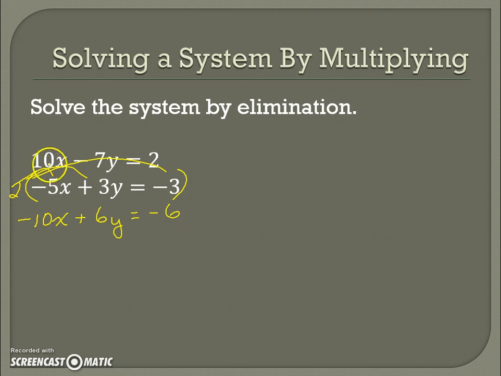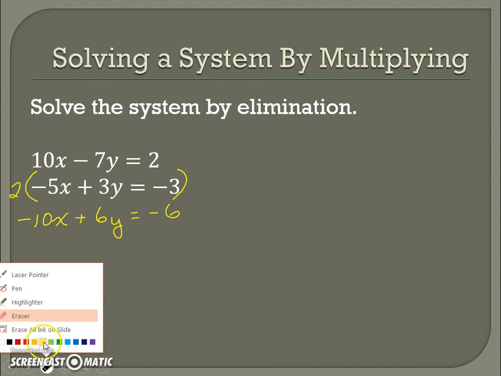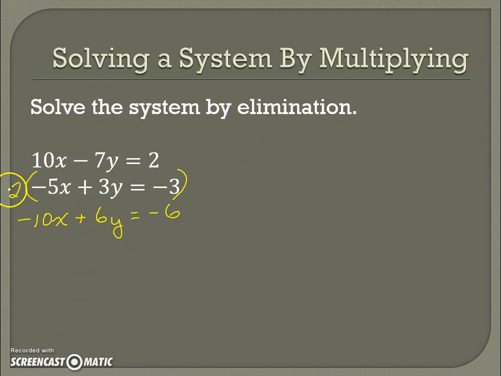All right, so now if I add this and this, it's going to eliminate. Here's what I used to do to help myself keep track of everything: after I've written this out, I'd mark that out.